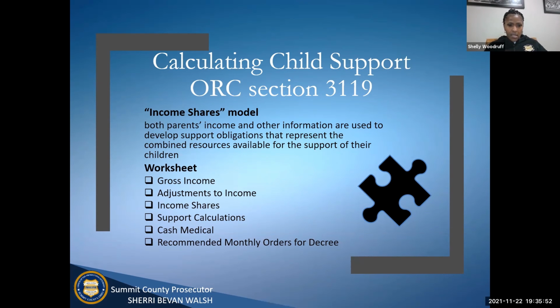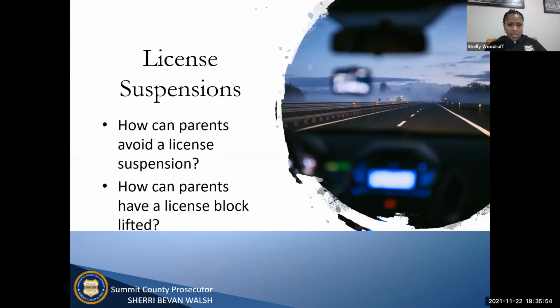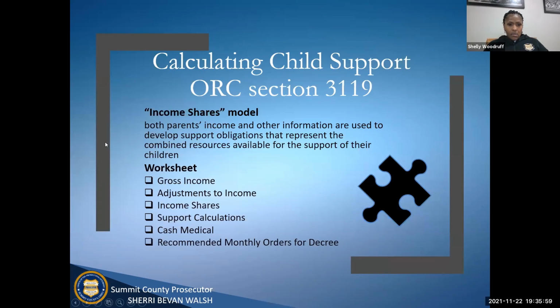The next slide. So the next slide is just calculating the child support. There is a new model, our ORC section 3119. It now talks about income shares. Previously, we did not have this income shares model.